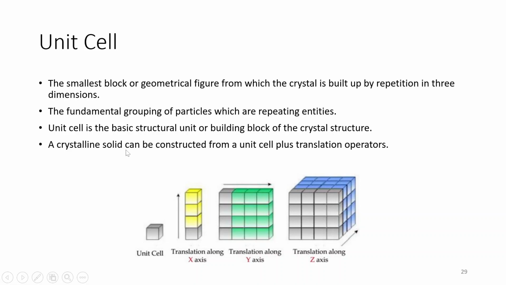A crystalline solid can be constructed from a unit cell plus translation operators. If you have a unit cell, you can multiply it along the x direction, and if you translate along the y direction, you get a 2D crystal structure. If you translate it along the z axis as well, then you get a 3D crystal structure.